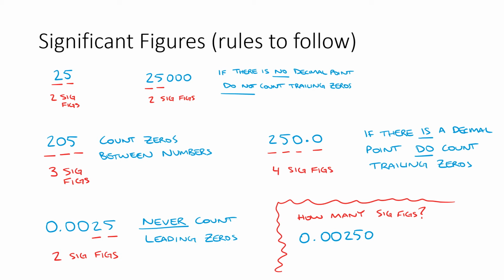With no decimal, trailing zeros do not count. So this will be only two significant figures.